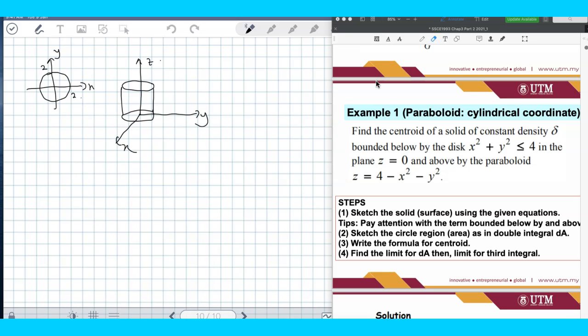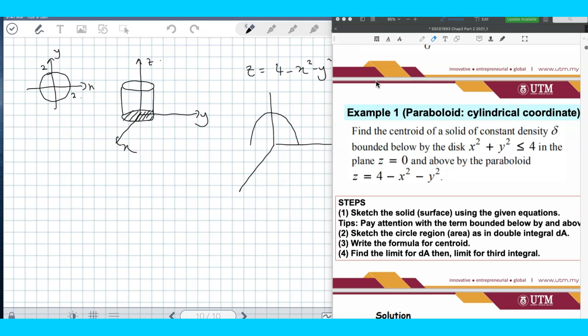It is bounded below by z equal to 0, and above by the paraboloid. What is the paraboloid here? It is given by z equal to 4 minus x squared minus y squared. It is a bowl shape, right? Your bowl is concave down and shifted 4 units above, just like that.